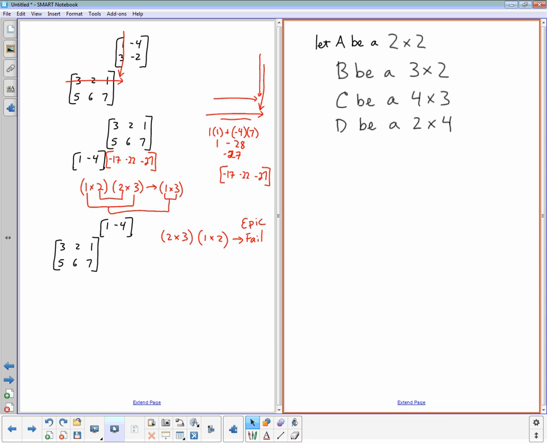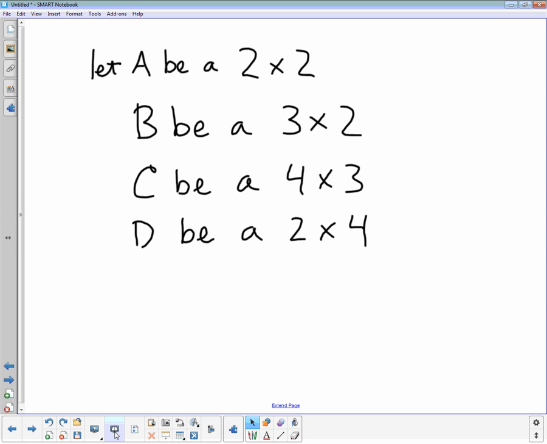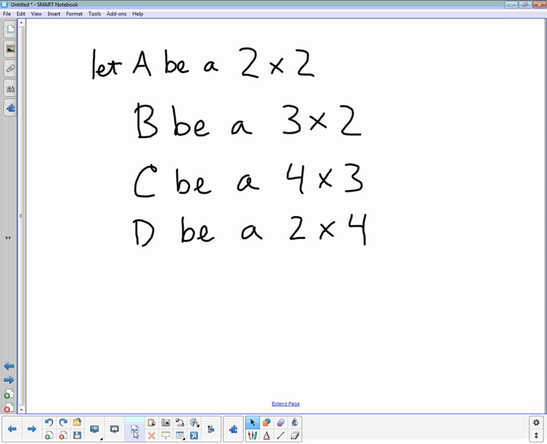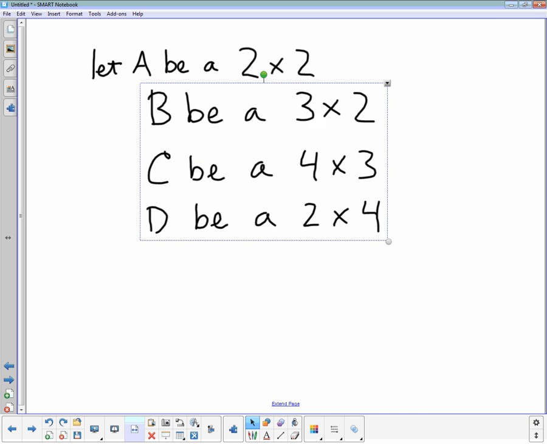All right, so here's a perfectly valid test style question. Find all of the different products. Who could actually multiply? Could you multiply A times B? Shrink this a little bit.